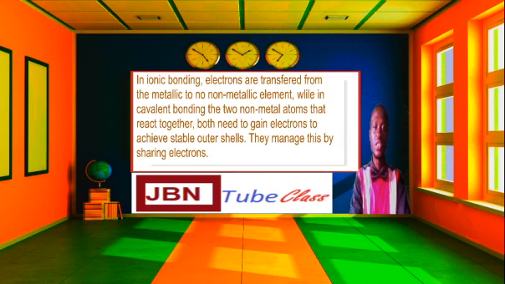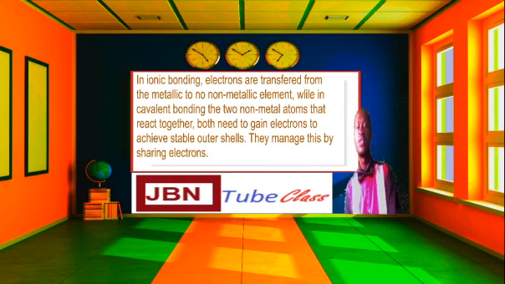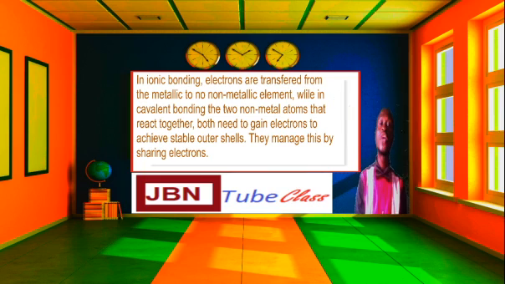In ionic bonding, electrons are transferred from the metallic element to the non-metallic element, while in covalent bonding, the two non-metals that react together both need to gain electrons in order to form bonds to achieve a stable outer shell.